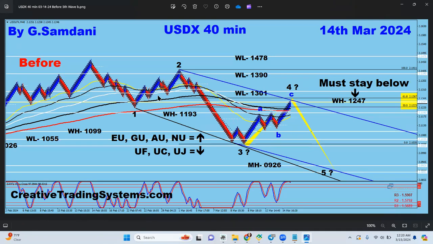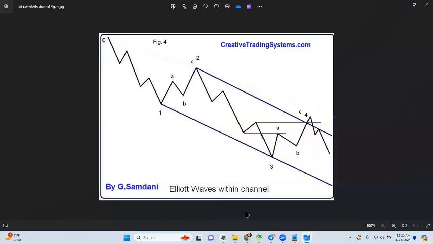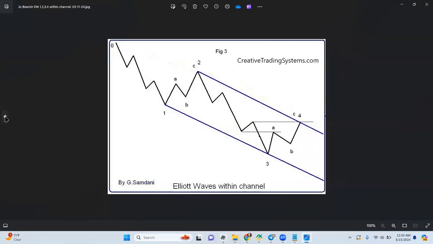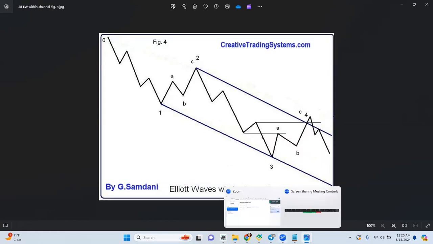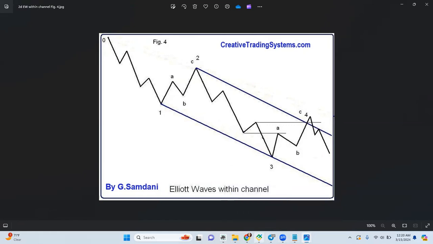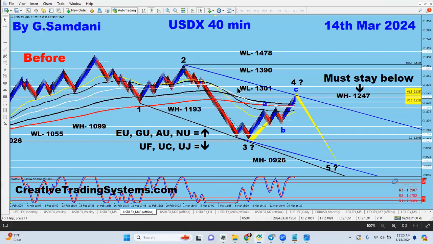By the way, I just want to show you that the way I make these charts is based on these charts here, right? So this is the diagram that wave 4 usually goes and hits the channel, but then it goes outside a little bit of the channel, and then comes back inside. So right now it is outside, and I already made a new channel. Let's see if the previous channel will be the black one.